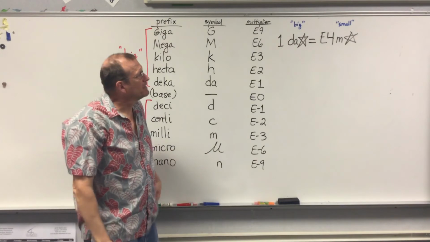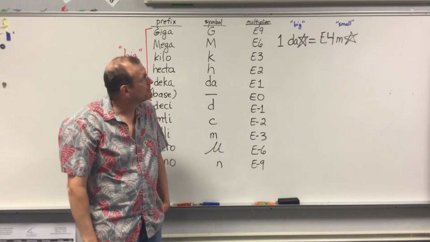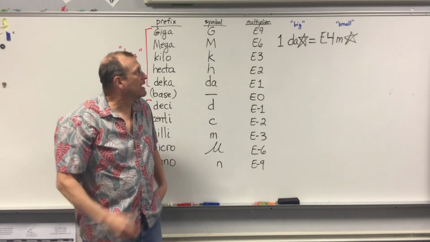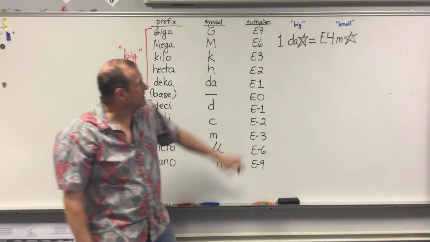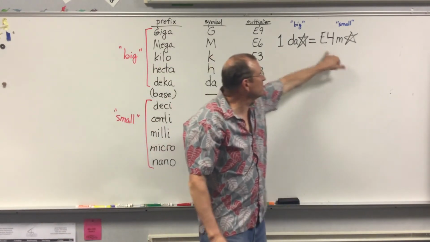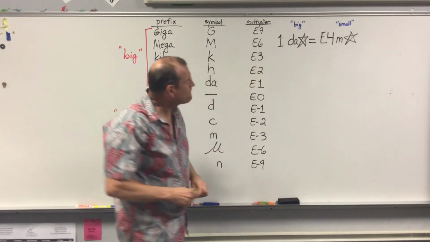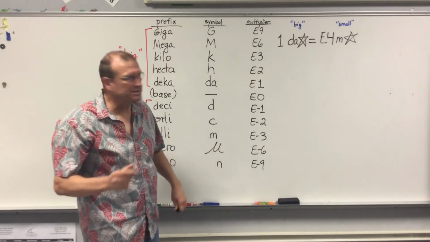That is the correct relationship between a Deca anything and a Milli anything. 1 Deca something equals E4 Milli anythings.